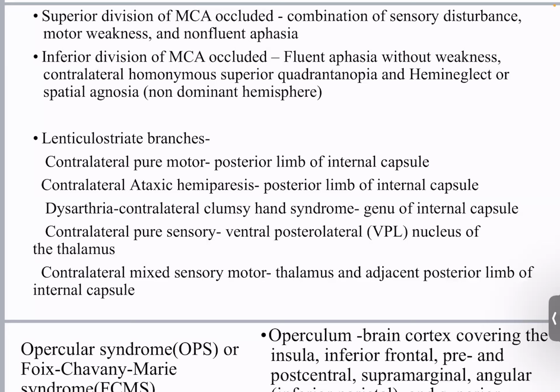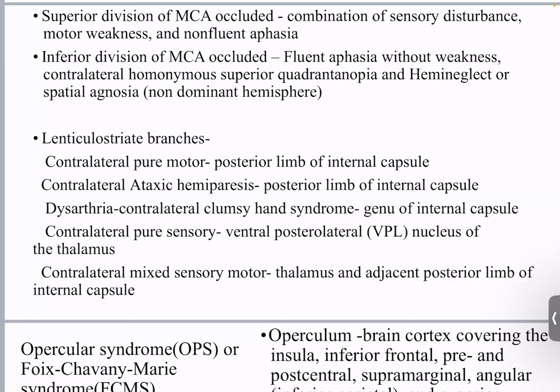Remember, all these 6 components are tested in the MMSE score, right? Yes, sir. We ask them to name, we ask them to repeat a sentence, we ask them to write, we ask them to read and follow orders, and we ask a question regarding comprehension, and we ask them to do a thing. So all these are tested in the MMSE score. So comprehension, fluency, naming, repetition, reading and writing.